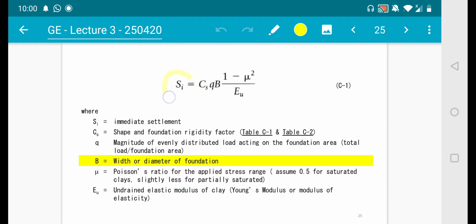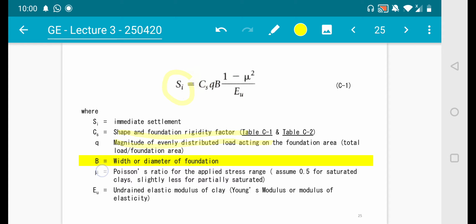Immediate settlement is given as the shape and foundation rigidity factor, times Q, which is the magnitude of evenly distributed load, and B, the width or diameter of foundation.